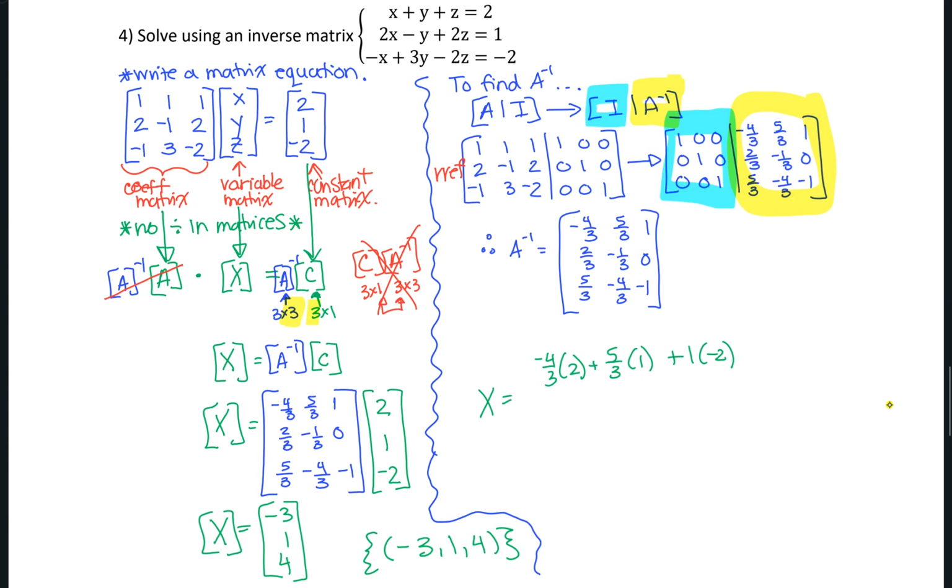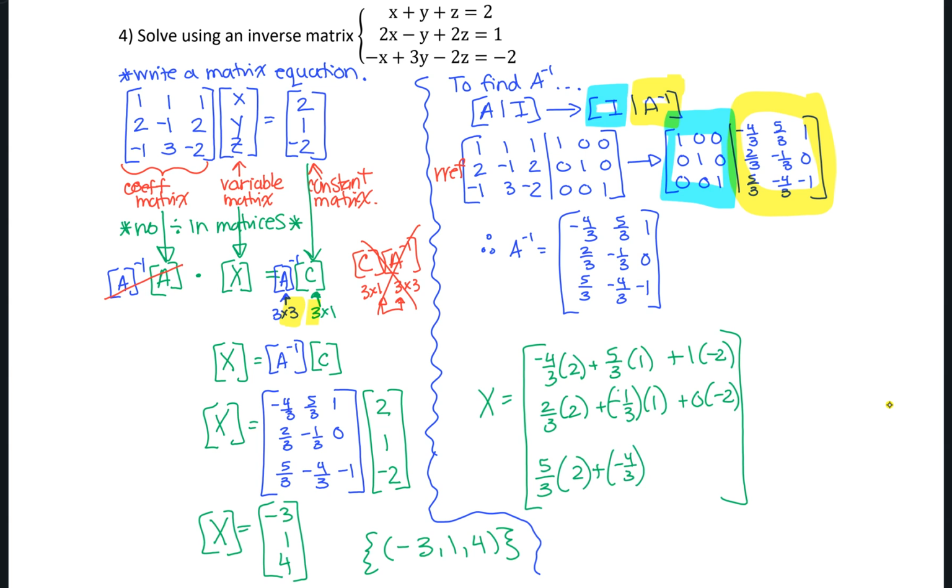That's going to be my row 1, column 1. Then I do row 2. So this row 2 times column 1 is 2/3 times 2 plus negative 1/3 times 1 plus 0 times negative 2. And then row 3, column 1, so 5/3 times 2 plus negative 4/3 times 1 minus 1 times negative 2.